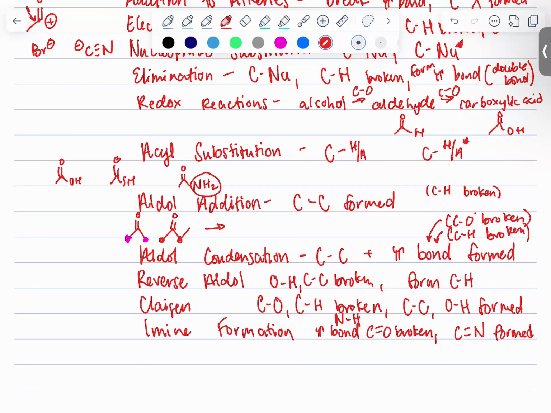Transamination. What kind of bonds are broken? Those are our starting materials. What parts of them will break? Between who?